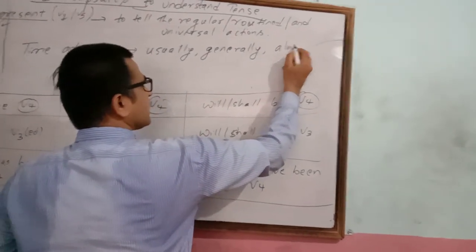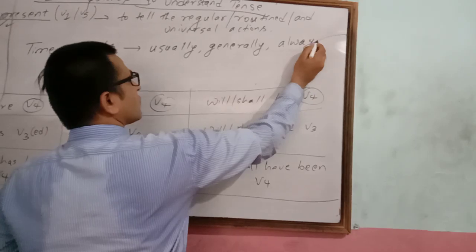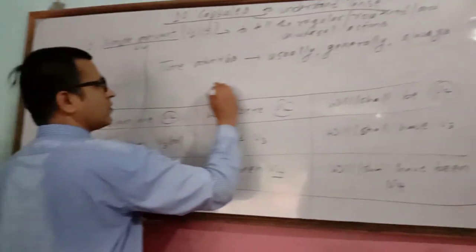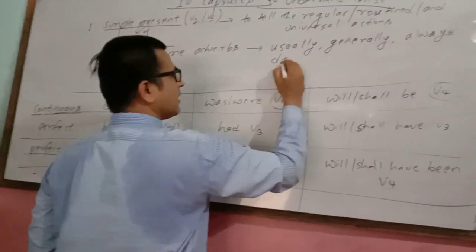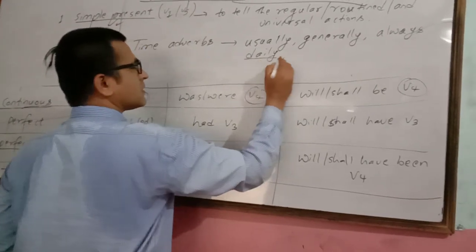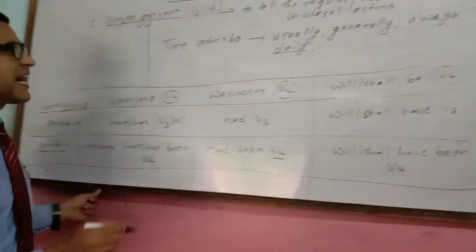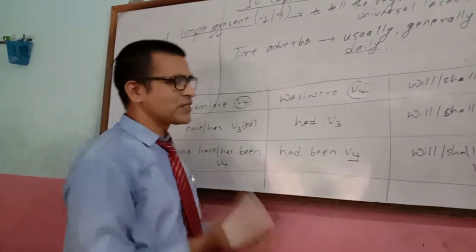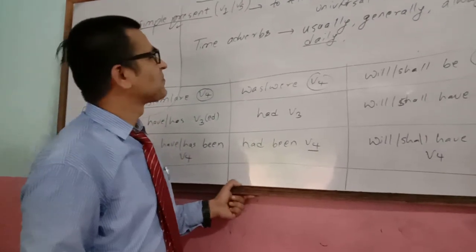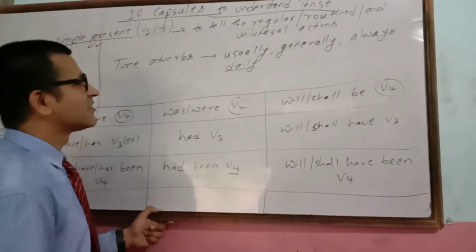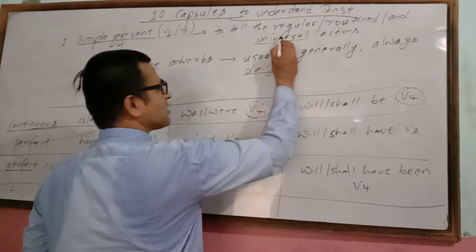Sometimes we use always as well. Daily. So this is for a routine action. Once a week, once a month, right? Yearly, annually, whatever. For universal action, you understand.